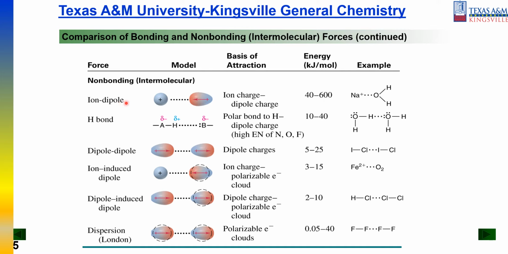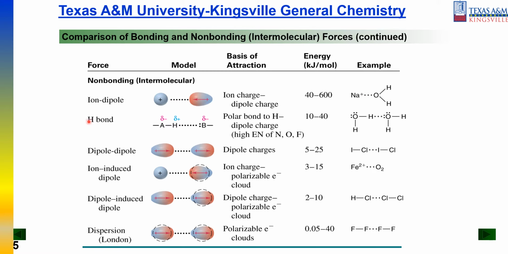However, ion-dipole is considered the strongest intermolecular force, still about 1/10 to 1/100 of bonding forces. For example, if you dissolve table salt, sodium chloride, into water, you will see ion-dipole intermolecular forces.